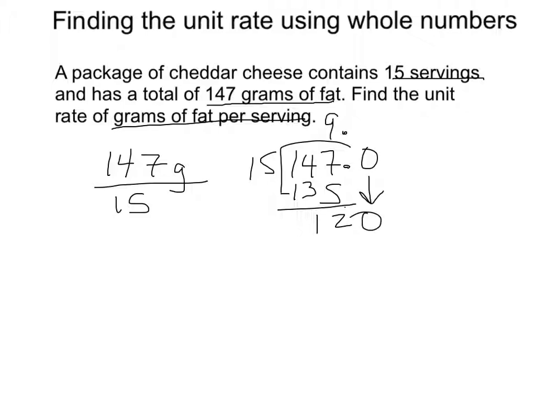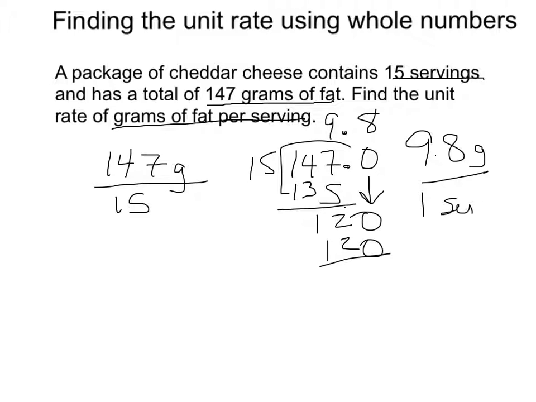How many 15s go into 120? 2 15s are 30, 4 30s are 120, so 8. 8 times 5 is 40, 8 times 1 is 8, plus 4 is 12. Terminating decimal. So we have 9.8 per serving, or 9.8 grams over 1 serving.